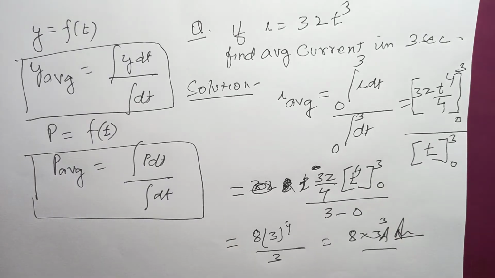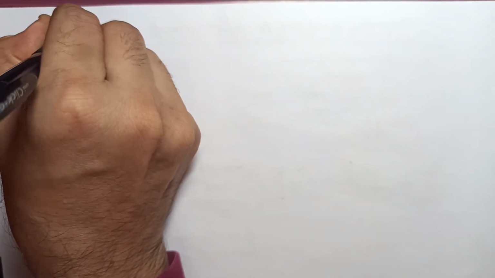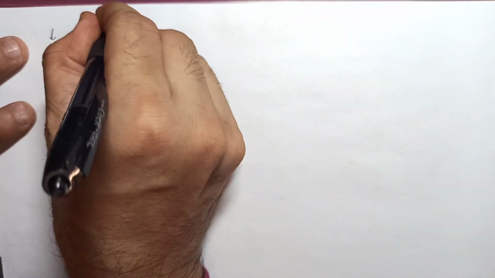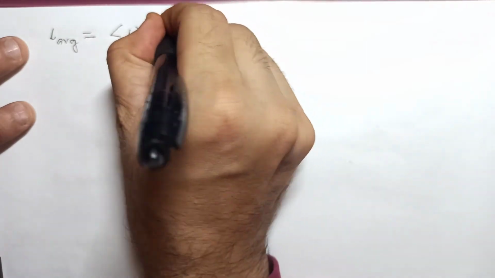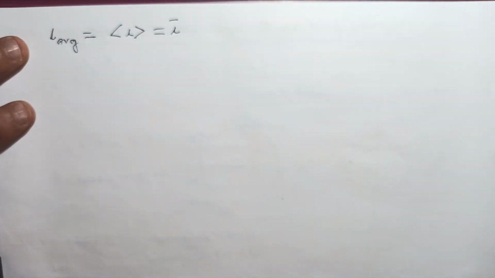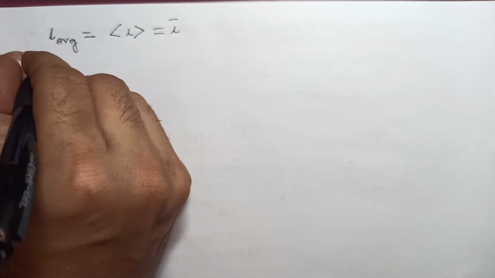Okay, now a few more things regarding alternating current. One, we would be very frequently encountering average. So if someone asks you about I average, it is also represented as this, or it can also be represented as this.